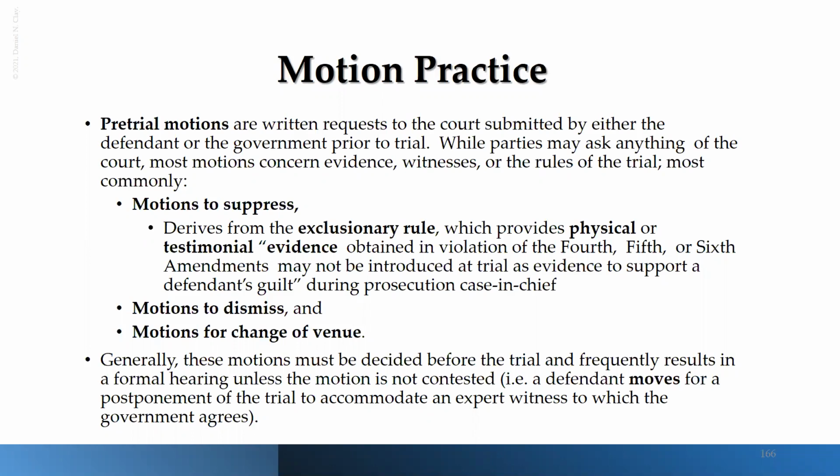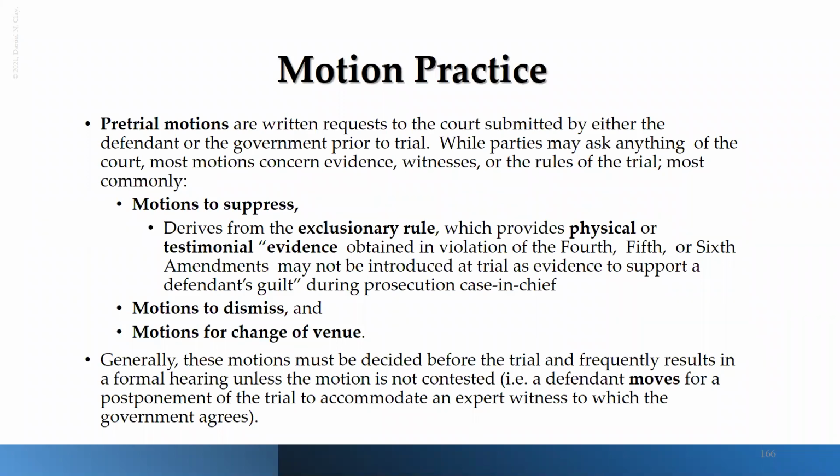So the only time that we're not going to allow evidence to be introduced is at trial. We don't want the jury to see it because, again, that would sway them in violation of the Constitution, and we wouldn't have a meaningful Constitution. So we hide it from the jury.